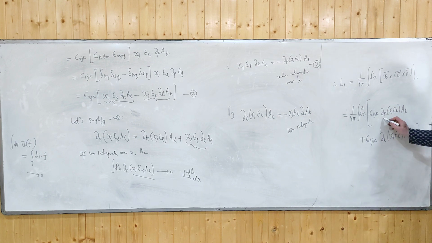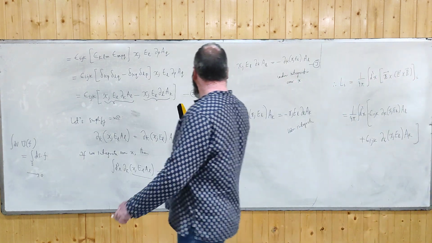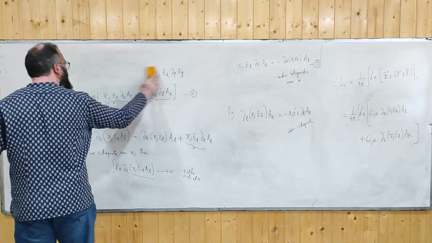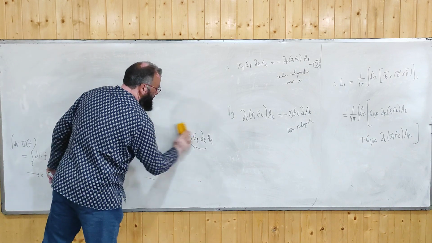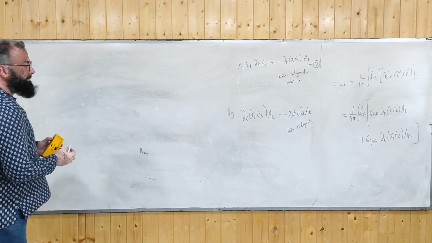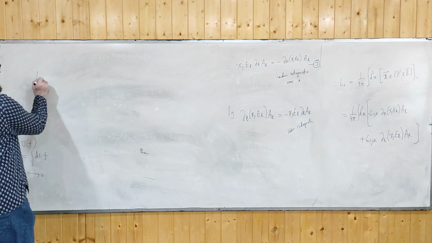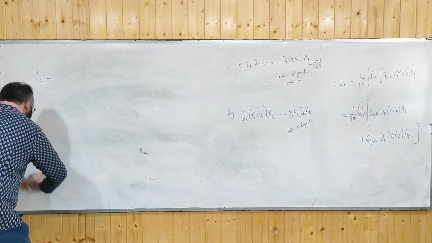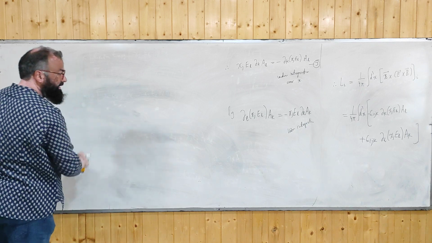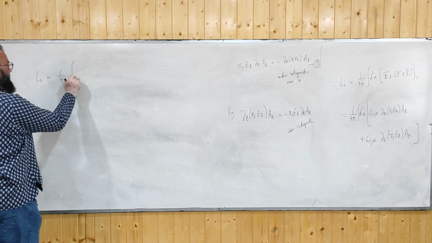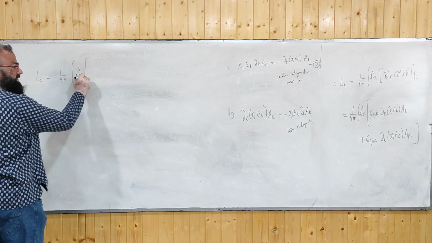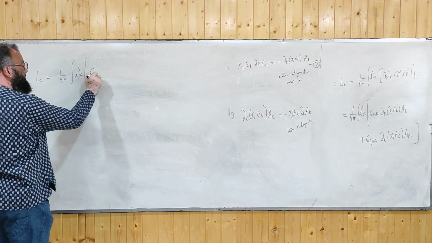So now let's differentiate this object. I am having this ith component of the angular momentum. So that's 1 by 4 pi integration over d3x, epsilon ijk.